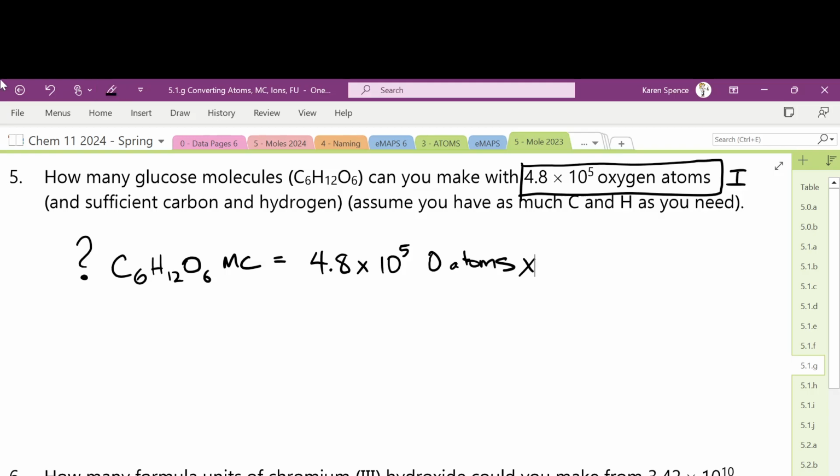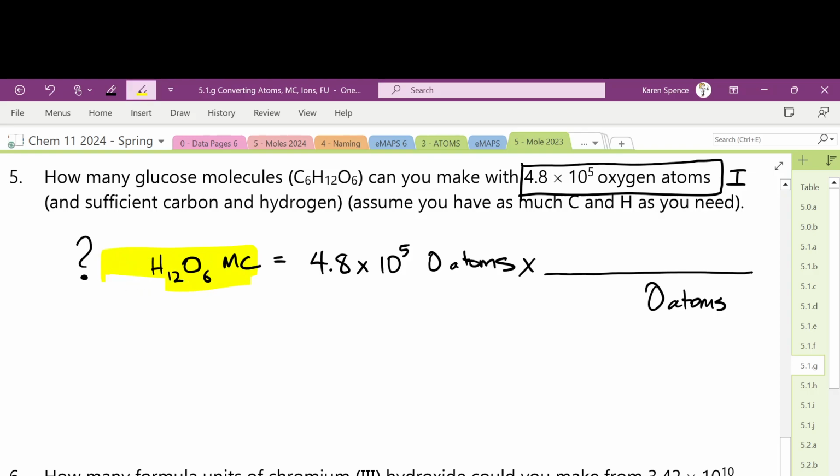And then we need to convert from O atoms. So we need the O atoms to go on the top or the bottom? They need to go on the bottom, O atoms. And we need to find the C6H12O6 molecules, so we will put that on the top.